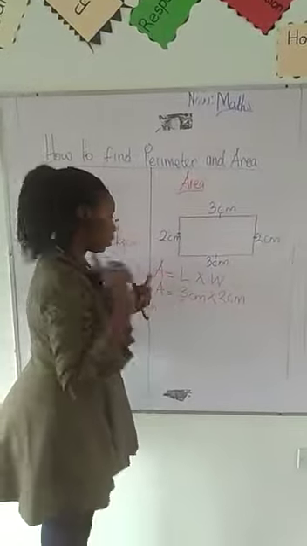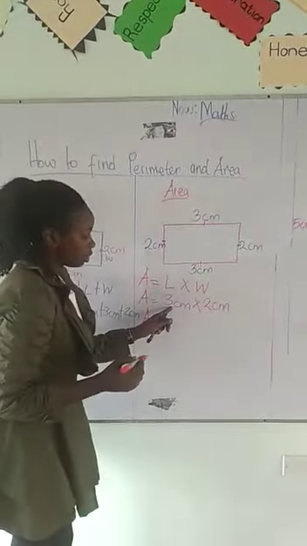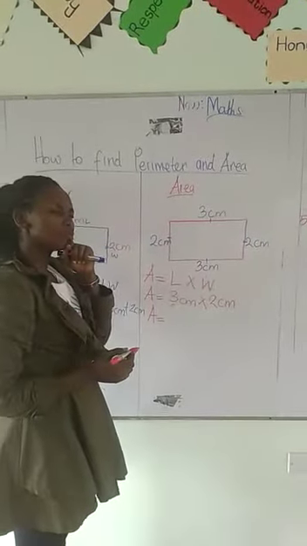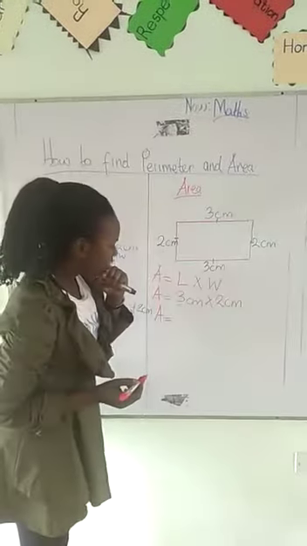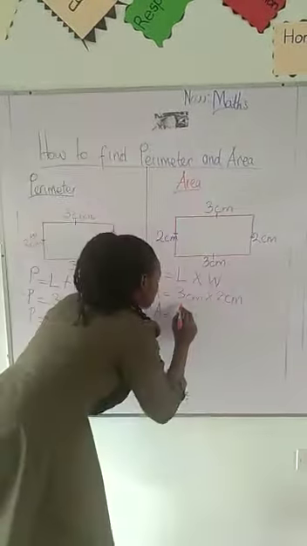And what do I get? What is my answer? My area is 3 times 2. Is it 4, 3, 5, or 6? I think it is 6 centimeters.